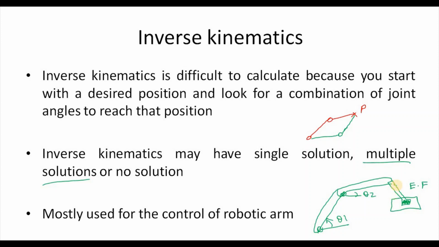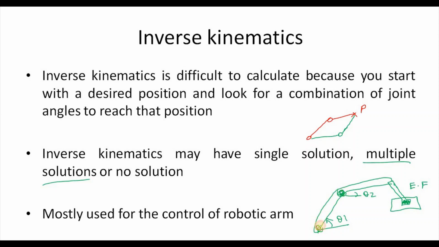During welding or any other operation, during painting, assembling, cutting, it is desired that the position of the robot should be where you want it to be, and for that you need a specific configuration of your robot, the specific combination of these angles theta 1 and theta 2. Remember that these angles are being controlled by the servo motors or the electric motors in the joints here.